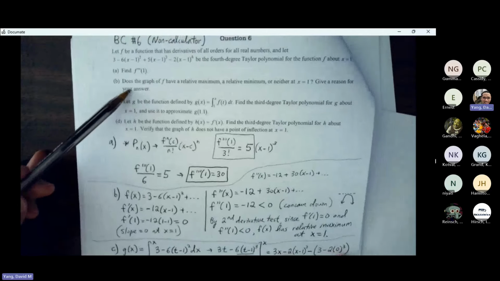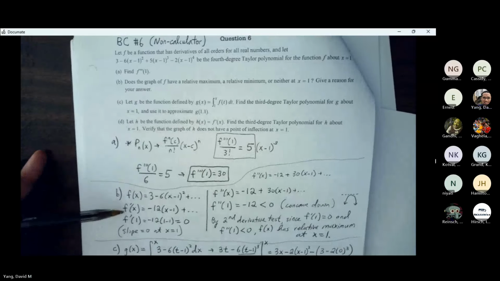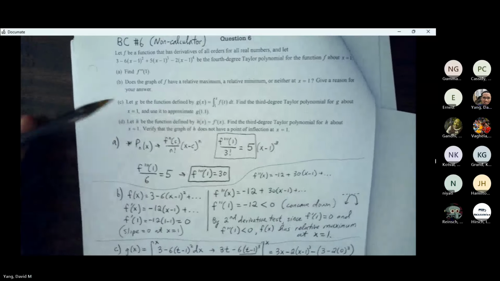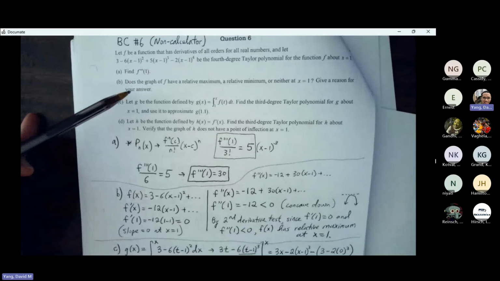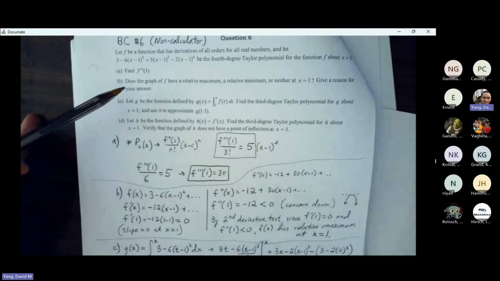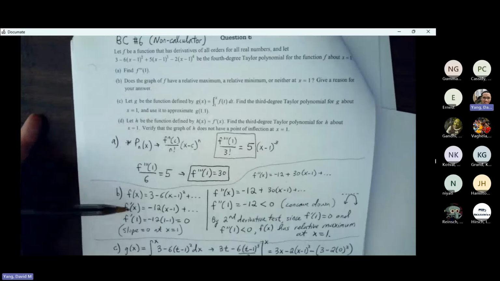Part B, does the graph of f have a relative max, relative min, or neither? I know that relative max and relative min can come from the second derivative test. But first, let me just see what happens if I do f prime of x.